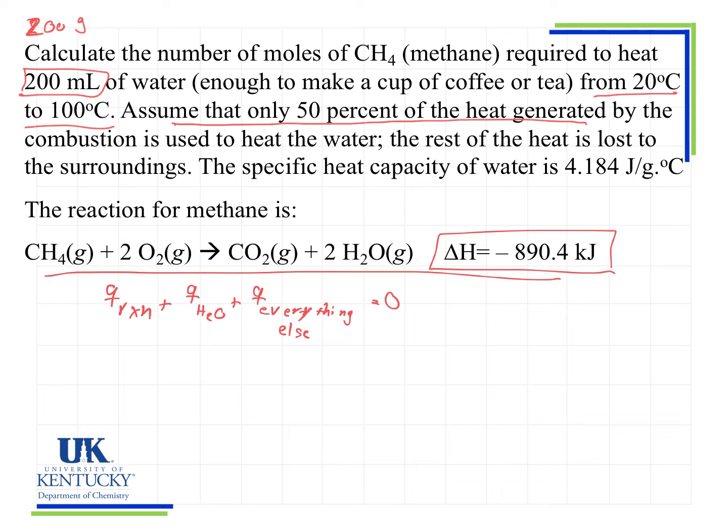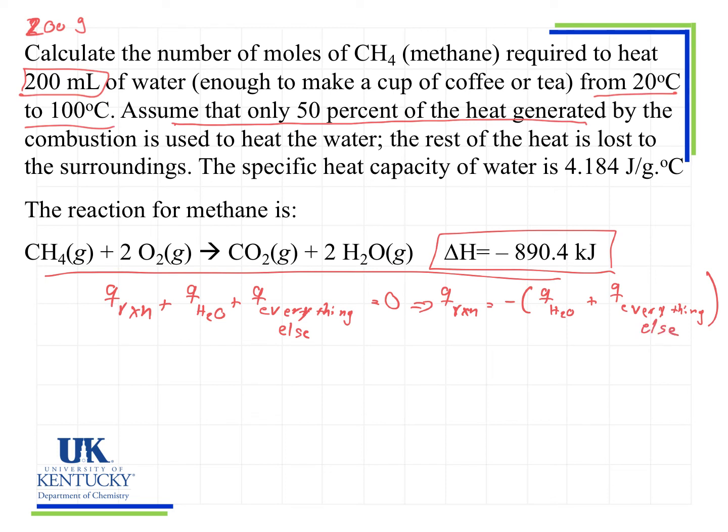So I can say that Q of the reaction equal to the negative of Q of water, H2O, plus Q of everything else. Let's write the else, makes more sense.